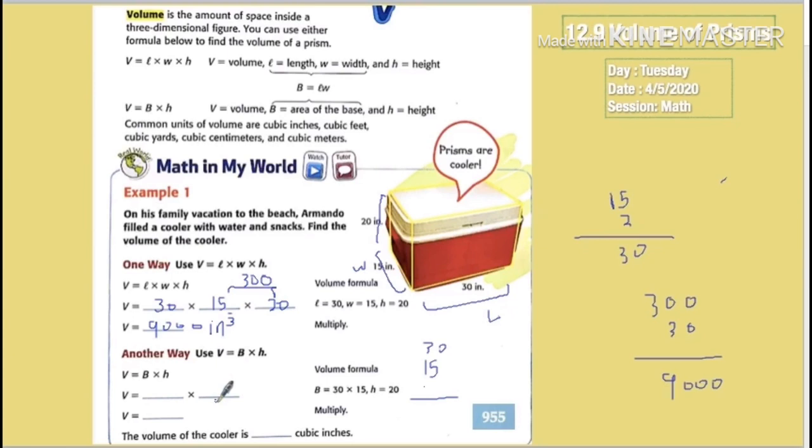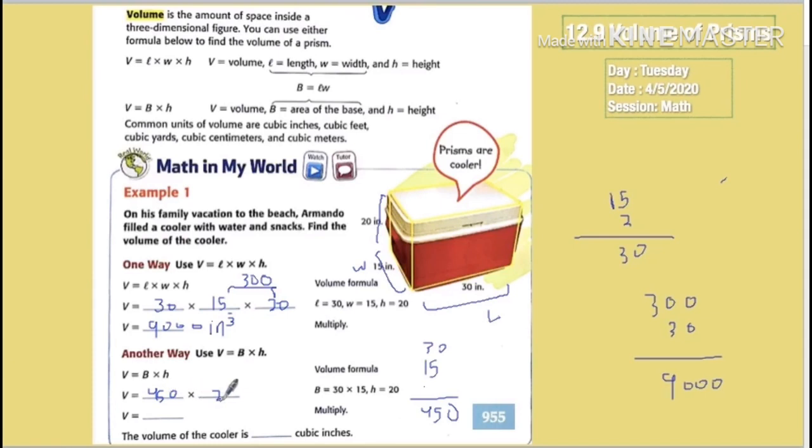And our height is still 20. So as I told you, you can multiply 3 times 15 and then you add the 0. 3 times 15 will be 45. And we have 1 zero, as you can see. To add it, we are getting 450.